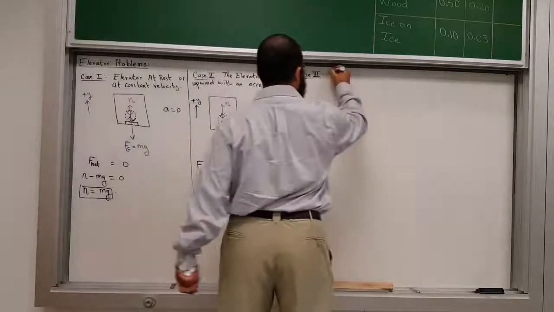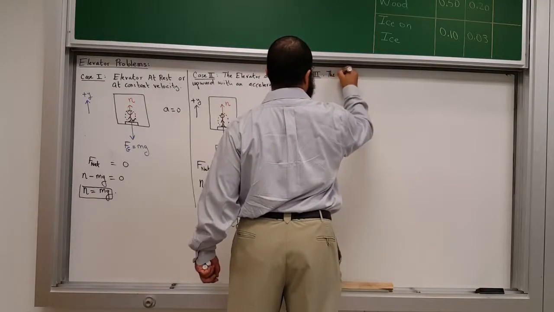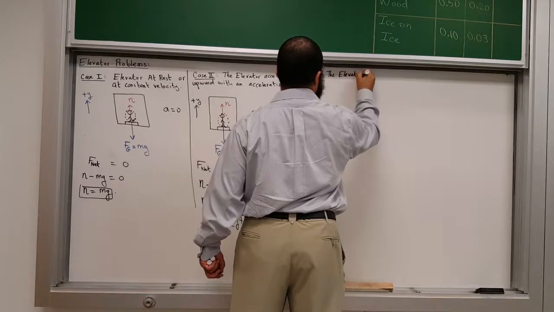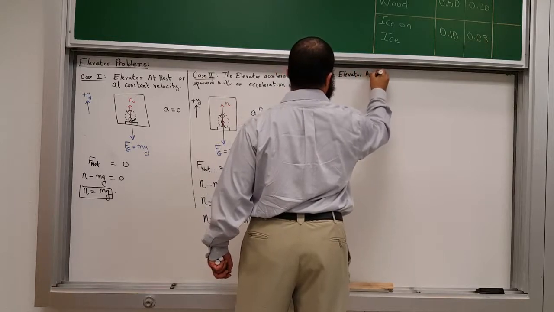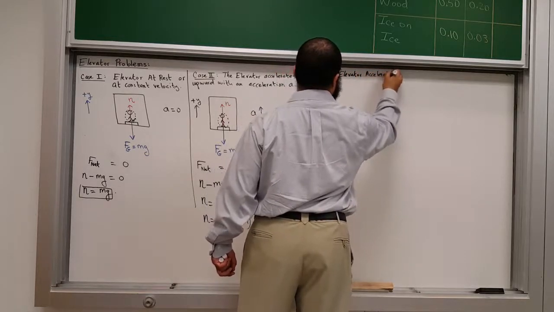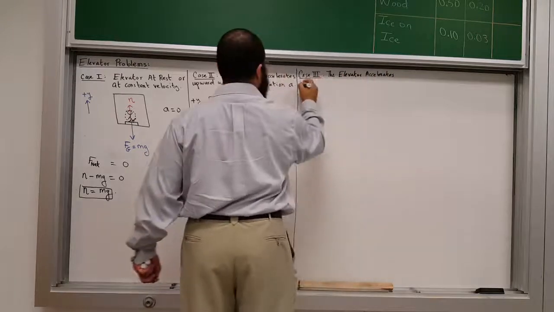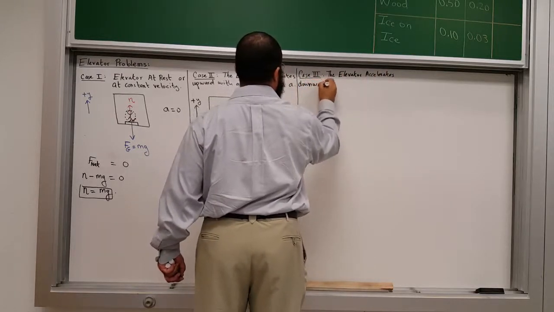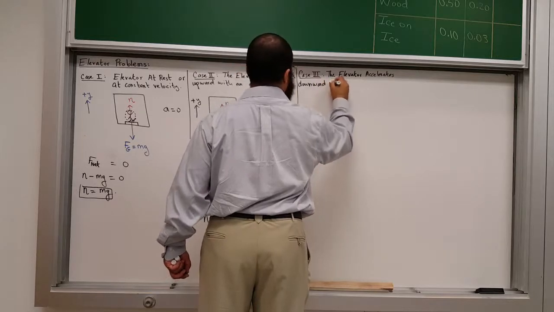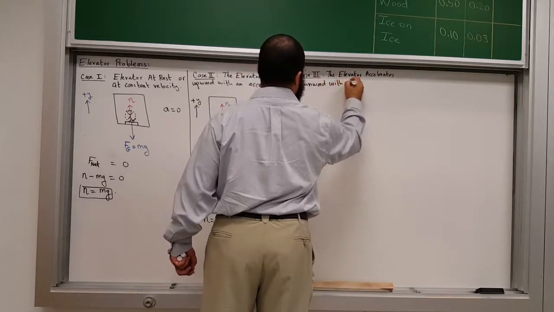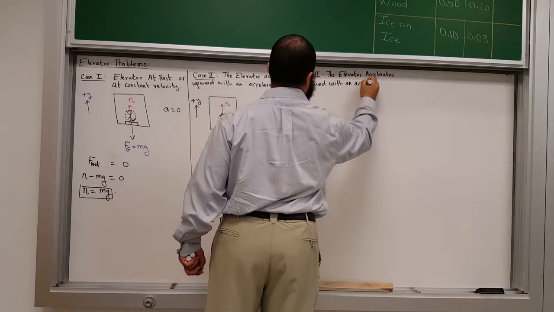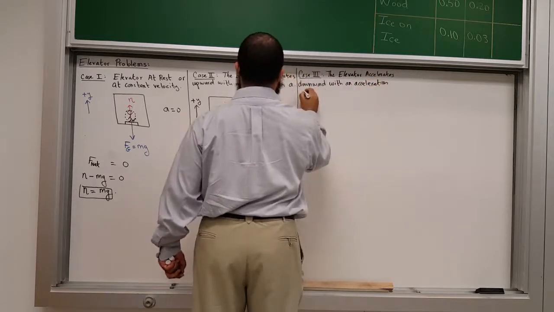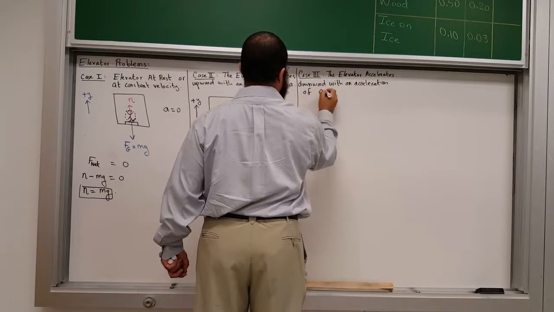So the elevator accelerates downward with an acceleration of a.